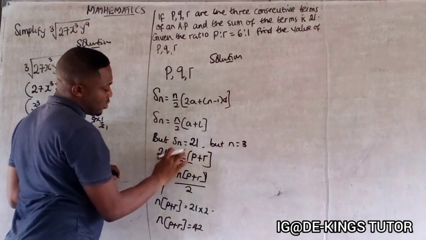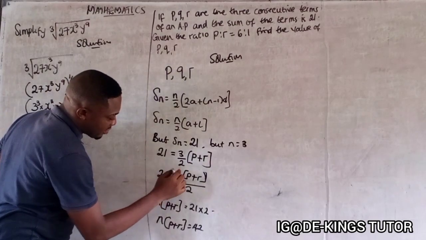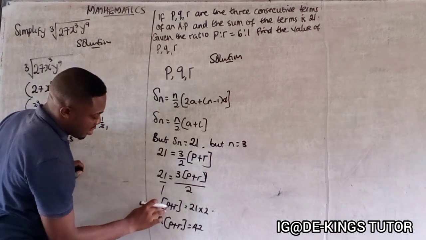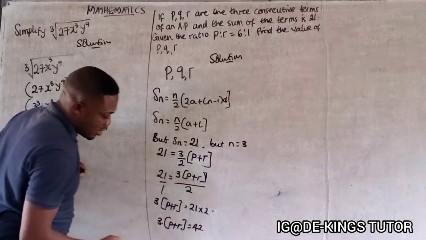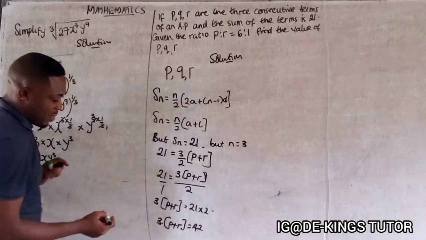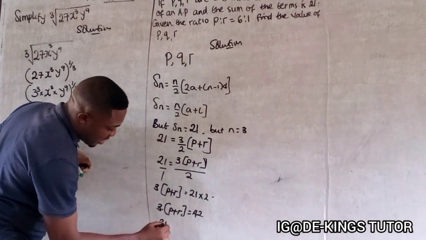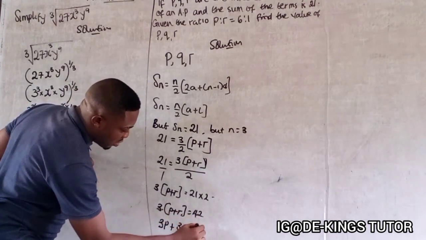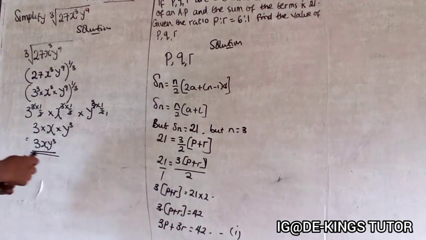So if we have this as 3, this as 3. Okay. So from here now, if we open this bracket, we can have 3P plus 3R equals 42. I can call this equation 1. Okay. So that's the first part.